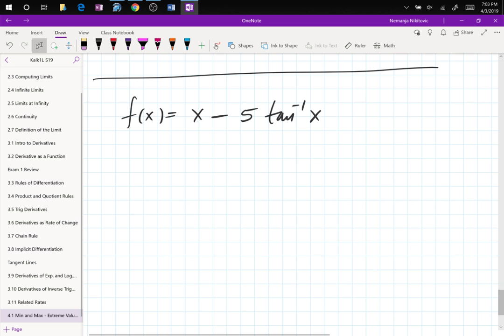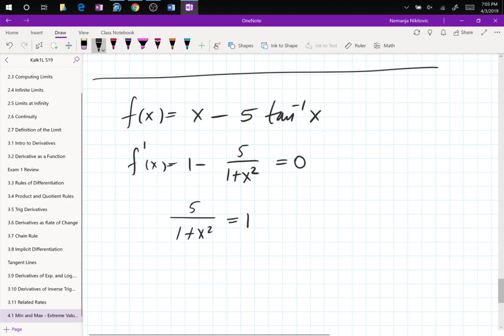Okay, so the derivative is 1 minus 5 divided by 1 plus x squared. We set this equal to 0. So 5 over 1 plus x squared is equal to 1. Switch the sides: 5 is equal to 1 plus x squared.